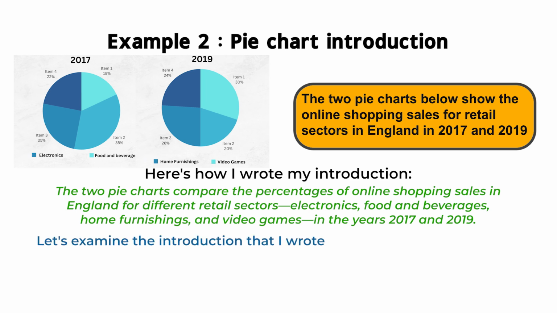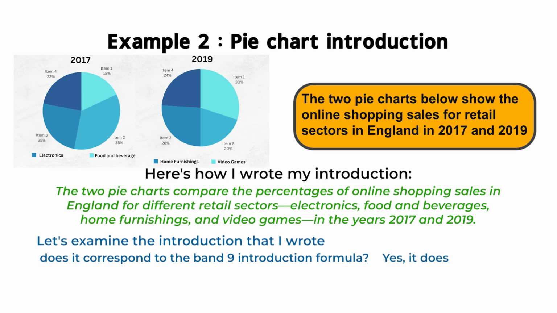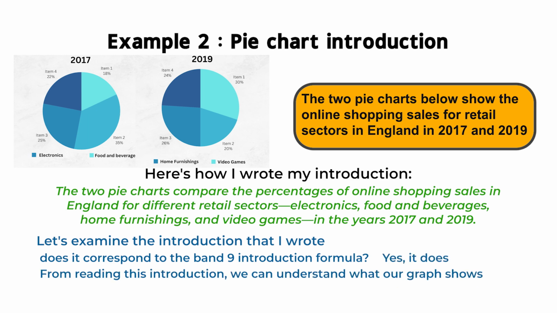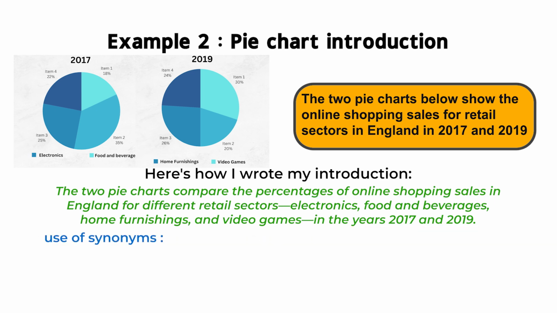Let's examine the introduction that I wrote. Firstly, does it correspond to the Band 9 introduction formula? Yes, it does. From reading this introduction, we can understand what our graph shows. In this case, percentages of online shopping sales. And for what period of time? Years 2017 and 2019. Now let's examine how I used synonyms here.